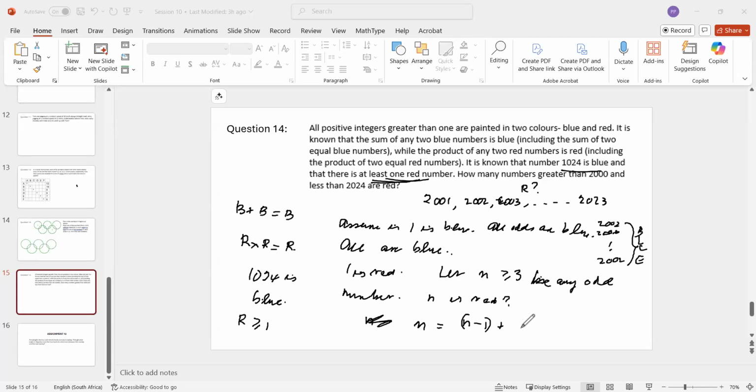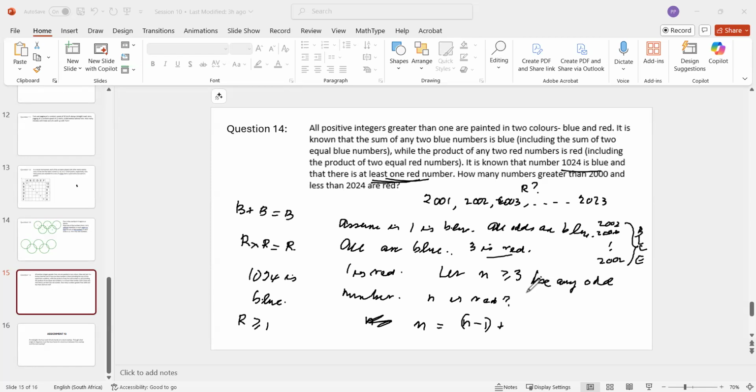Oh, yeah. So actually, I needed to show that 3 is blue. We can take 3 to be blue. Okay. Assume 1 is blue, it's false. 1 is red. And the same thing, if 3 is blue, you get a contradiction. You prove it in the same way. 3 is also red.